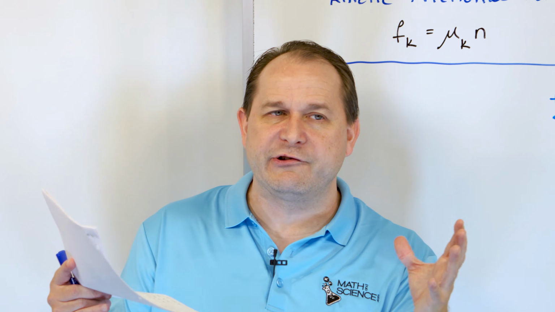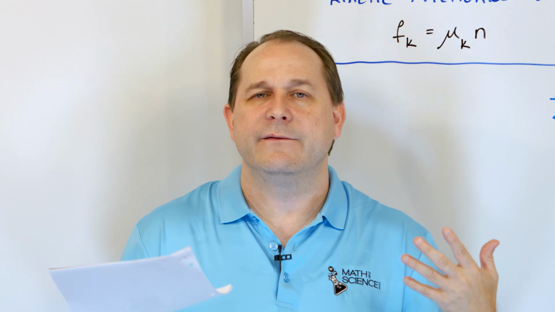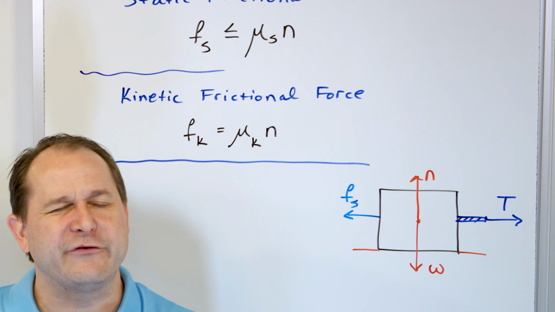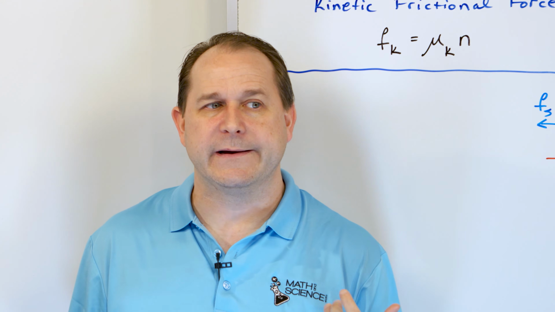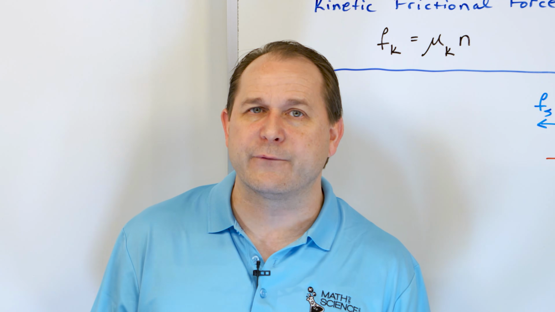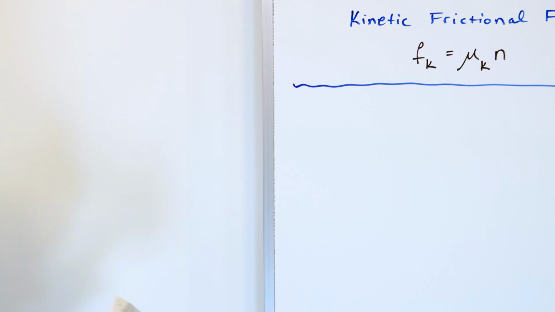Typically we're going to draw a picture, we're going to draw the arrows, and we're going to know which direction the signs are. But traditionally you could put W in here for the weight, and there's nothing really wrong with it, but typically we put the normal force in for the weight of the object, because the normal force is positive. And so you'll get a frictional force which is positive in your calculations for what the frictional force is.